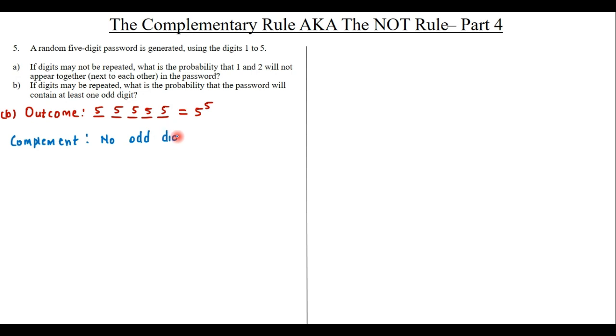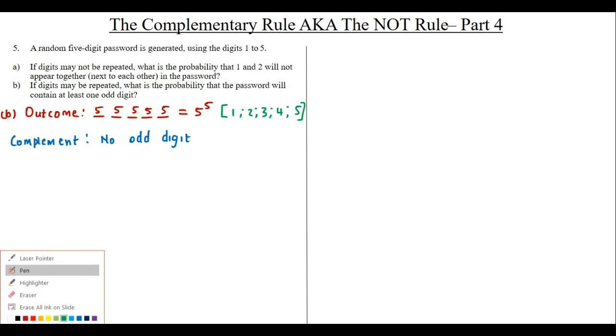Now this becomes easy because we can calculate the probability of that. How can we do that? All we have to do is look at our list. If you remember, our list was 1 2 3 4 5. From there we can generate a code that doesn't have odd digits. The numbers that are not odd here are 2 and 4.